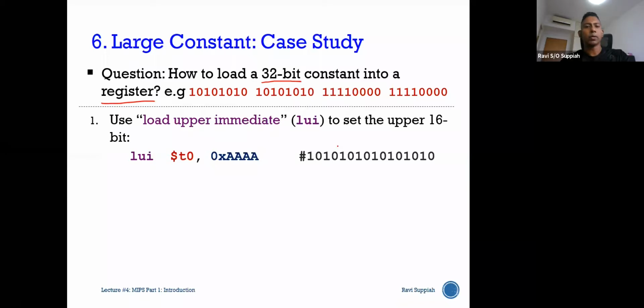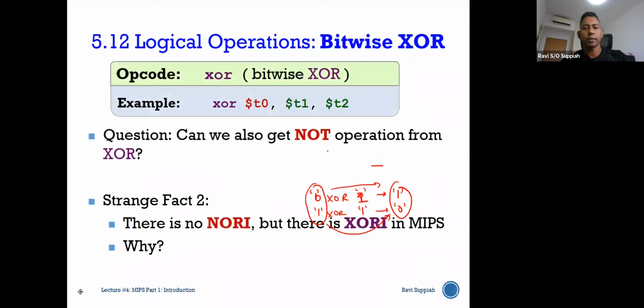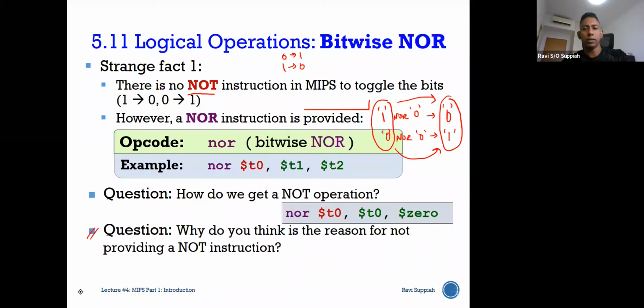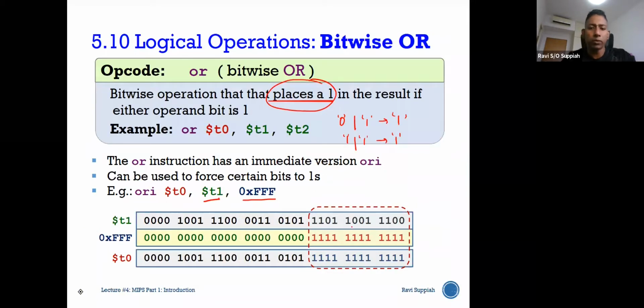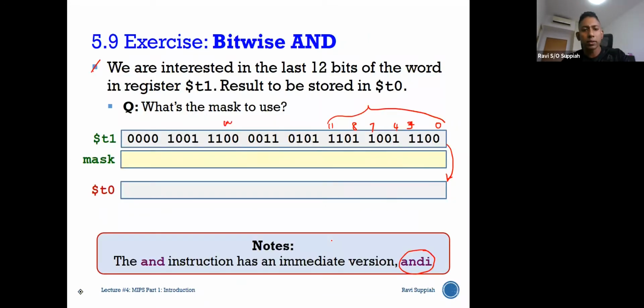Okay, so how do I do this in the first place? If I go back to the slide on the mask, let me go back to the earlier instruction here.